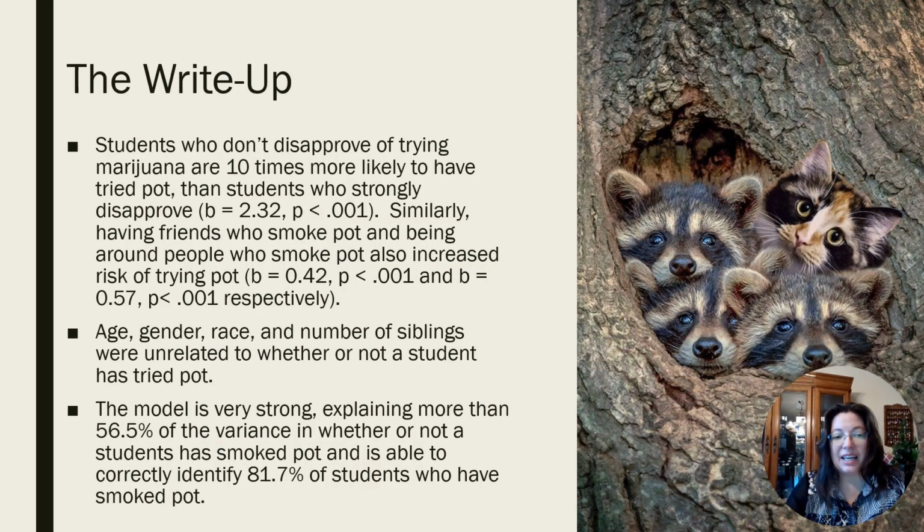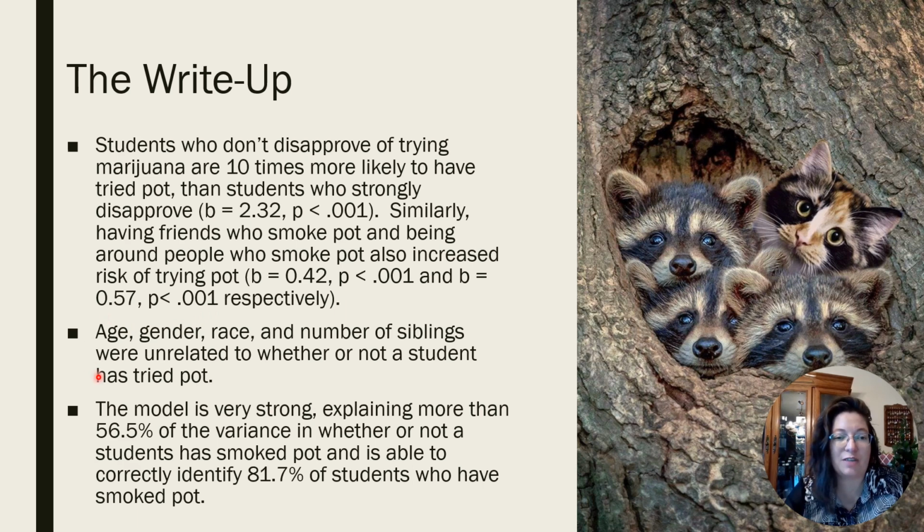So what does that look like written up? Students who don't disapprove of trying marijuana are 10 times more likely to have tried pot than students who strongly disapprove. And here I provide my regression coefficient and its significance value, and the rest of my variables that were statistically significant.